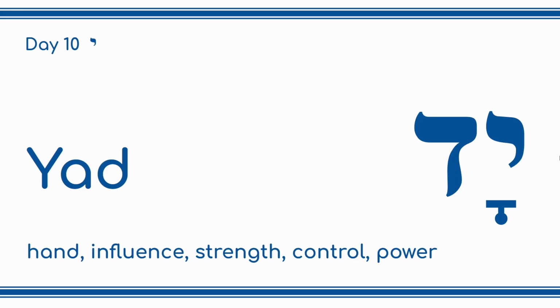And so this word means hand, influence, strength, control, or power. So the word yad literally means hand, but this word hand or yad can be used metaphorically to symbolize influence, strength, control, or power, right? So some words in Hebrew can be used just like English, we can use them as metaphors. So if something is in your control, something's in your hand, right?